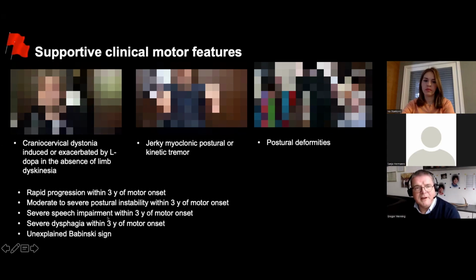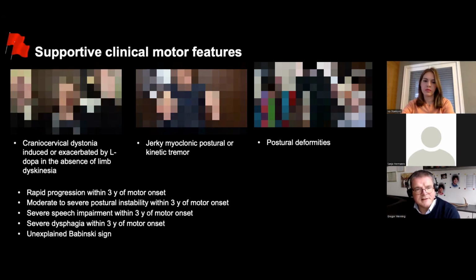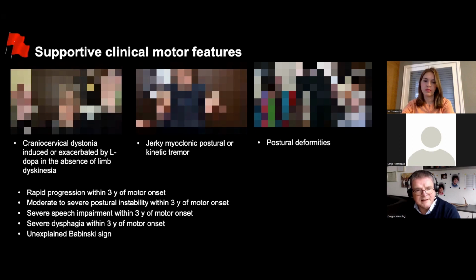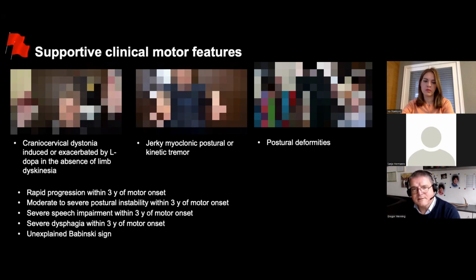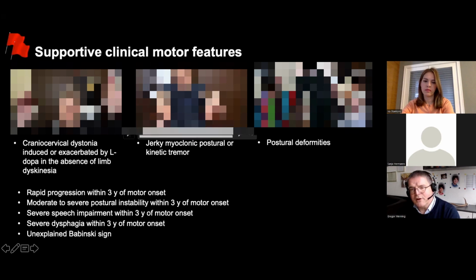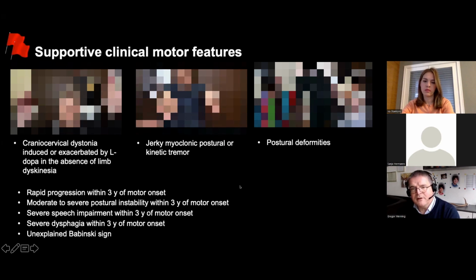Okay, so if we now look at some of the supportive motor red flags, clinical motor features, this includes craniocervical dystonia, as we can nicely see here in this lady, in the absence of levodopa-induced limb dyskinesias. The second motor feature is jerky myoclonic postural tremor or kinetic tremor, as seen here.